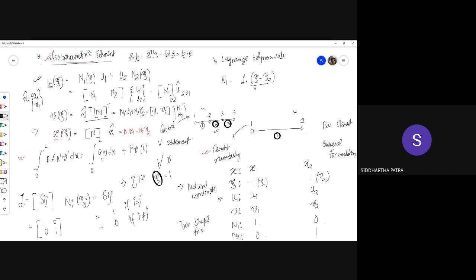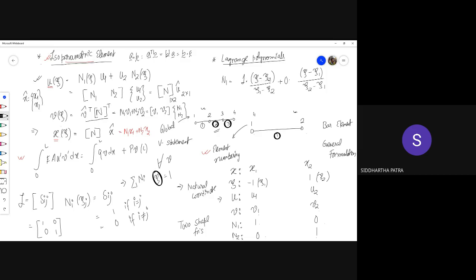I would suggest you go to the internet and learn more about Lagrange polynomials. And then 0 times (xi minus xi1) divided by (xi2 minus xi1). That is the expression for N1.